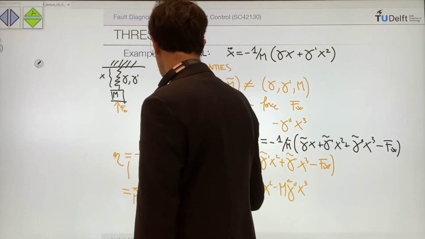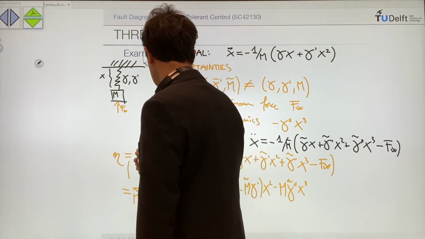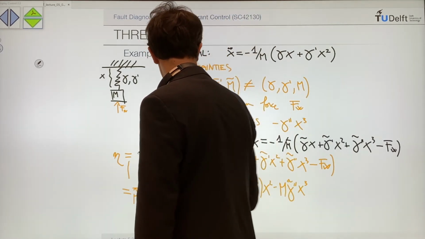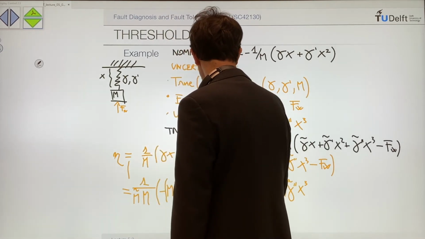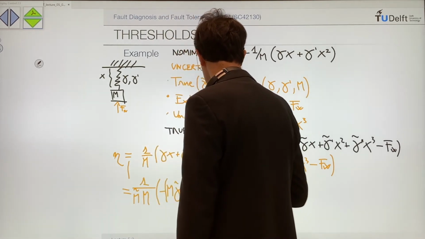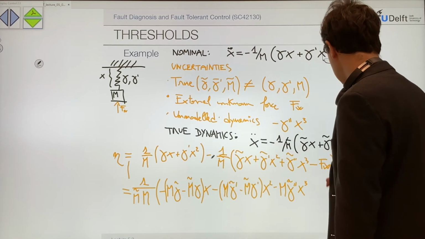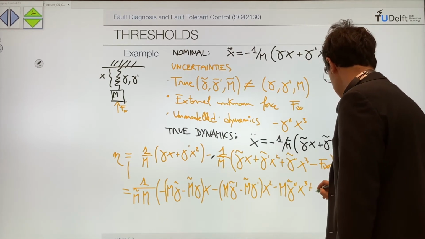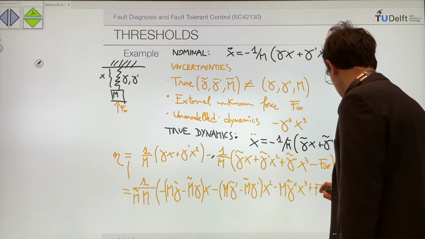That was going to be a plus here and a minus here, sorry, because eta is defined the other way around. So finally we have a plus f of w.